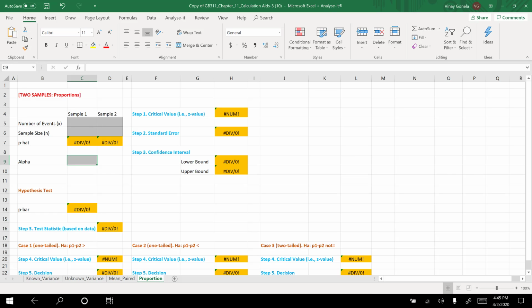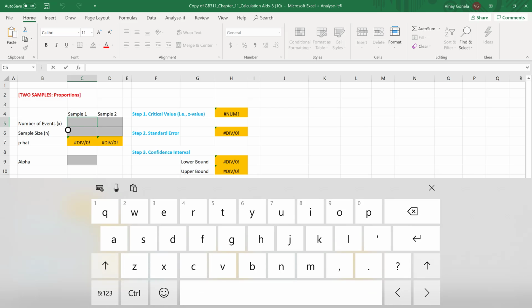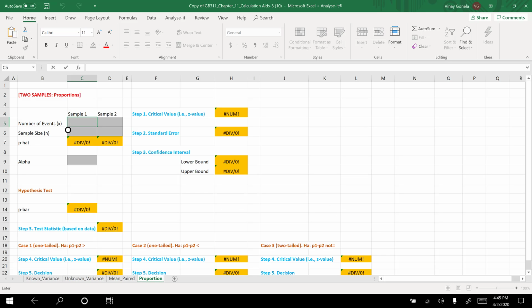So first is sample 1, number of events, that is x.